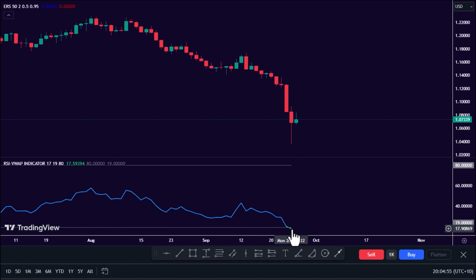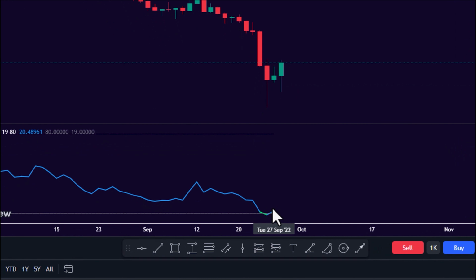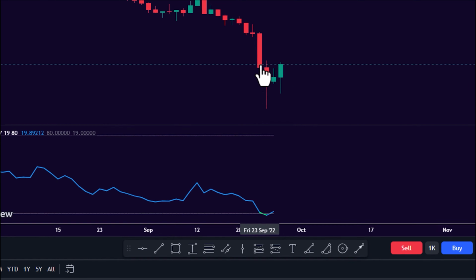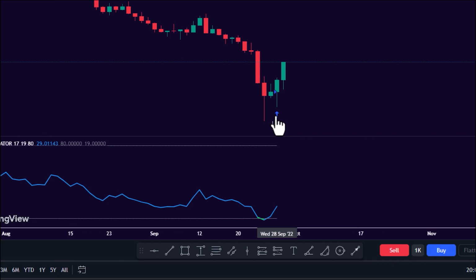Confirm with RSI VWAP indicating a green color crossover above the 30 scale oversold region. Step 4. Wait for a bullish reversal candlestick pattern to be formed on the price chart. Step 5. Look out for the Extreme Reversal Setup Price Action indicator to pop up ERS Bull on the price chart.